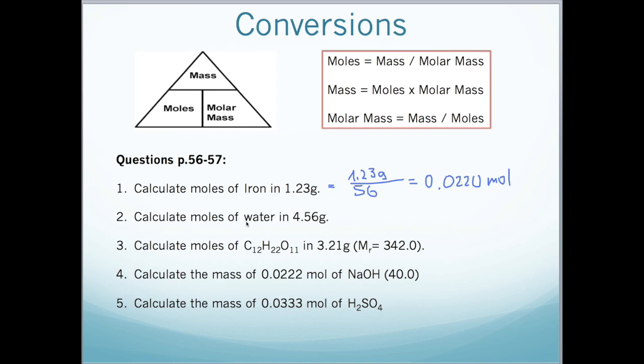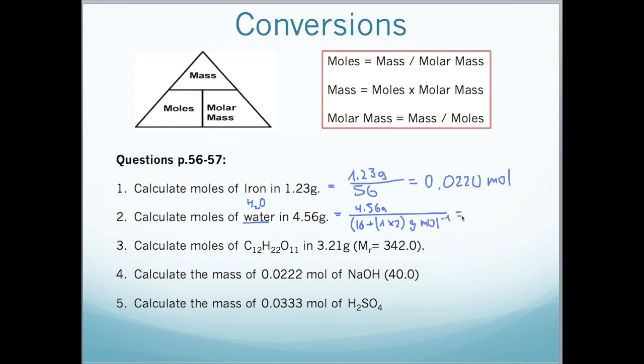Question 2: calculate the moles of water in 4.56 grams. So we've got 4.56 grams divided by the molar mass of water. Water is written as H2O. So the molar mass is 16, which is for oxygen, plus 1 times 2, because we've got 2 hydrogens, and that is written as g mol^-1.